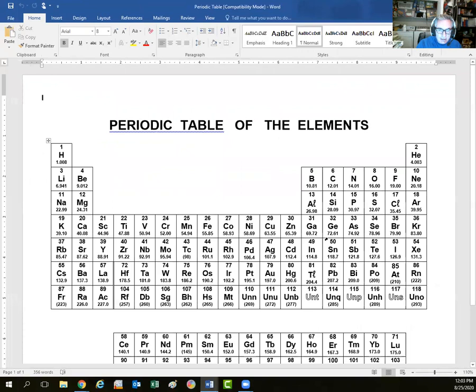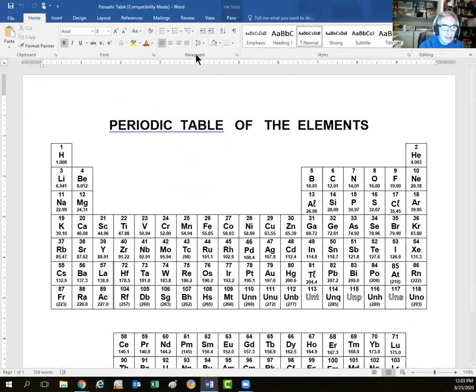So if you look at these elements, you see that many of them have a decimal place in their mass, and the existence of that decimal place suggests multiple isotopes. If there was only one kind of atom, then it would be an exact whole number. So you can see the vast majority of elements indeed have multiple isotopes.